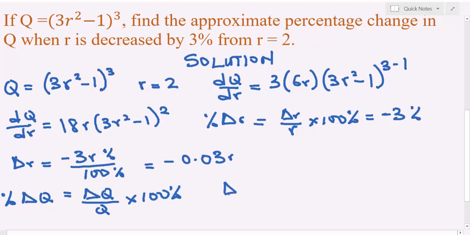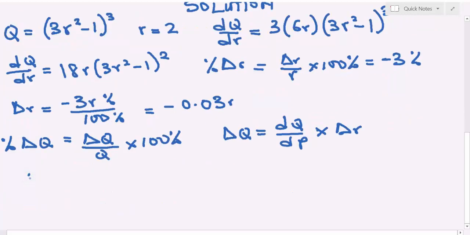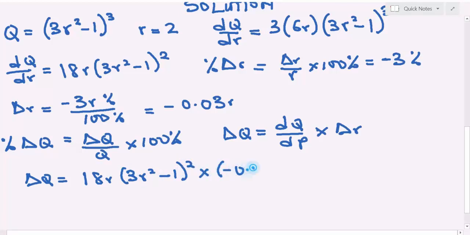But the change in Q is equal to dQ/dR times the change in R. So our change in Q, recall that our dQ/dR is 18R into 3R squared minus 1 all squared times minus 0.03R.